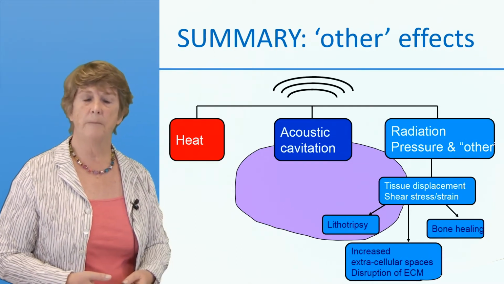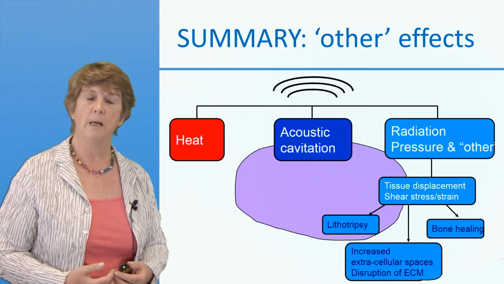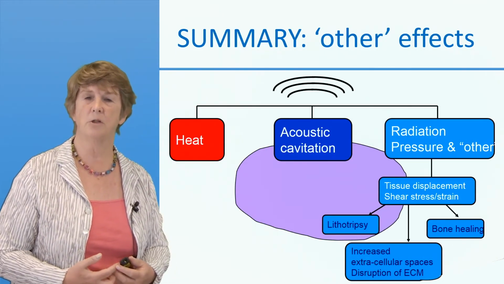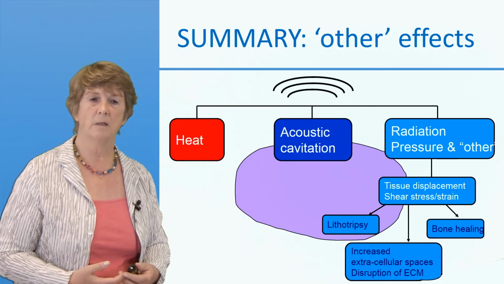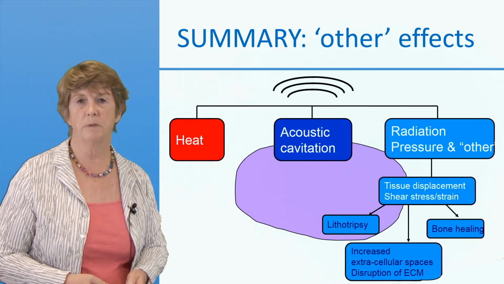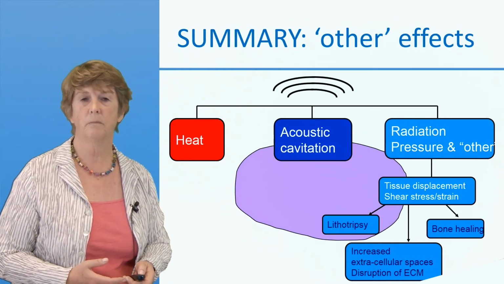You can see increases in extracellular spaces in tissue at low levels of ultrasound, and disruption of the extracellular membrane. And it's thought that these are due to radiation pressure effects. And radiation pressure can be used in lithotripsy as well to move the stones around, for example.